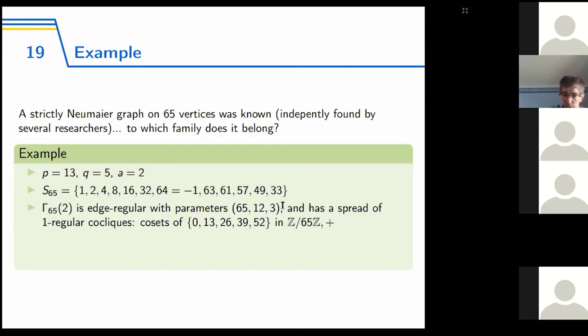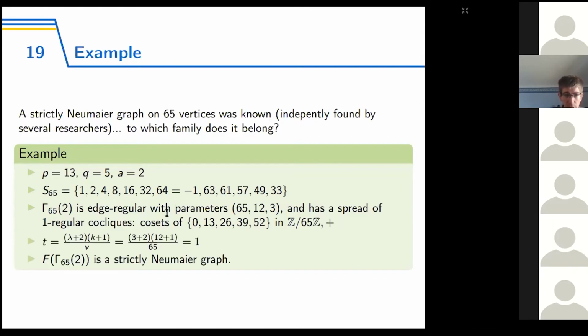And it has a spread of 1-regular co-cliques. And which are the 1-regular co-cliques? They are the cosets of the subgroup generated by 13. But this is precisely what we need to apply the Evans-Goryainov construction, if indeed this number t is an integer. And it is indeed an integer because it happens to be 1.